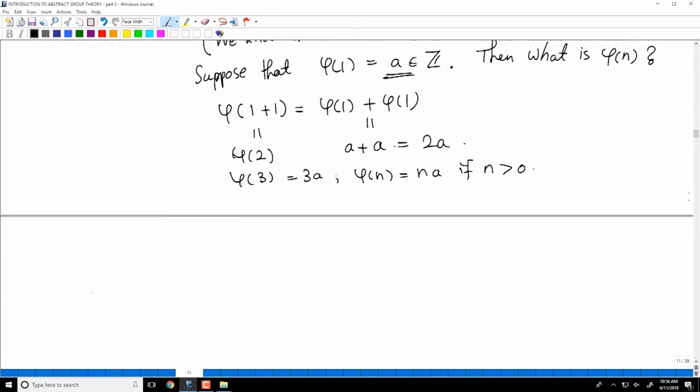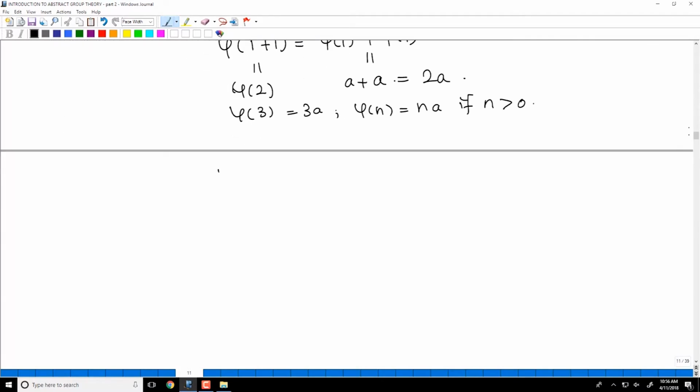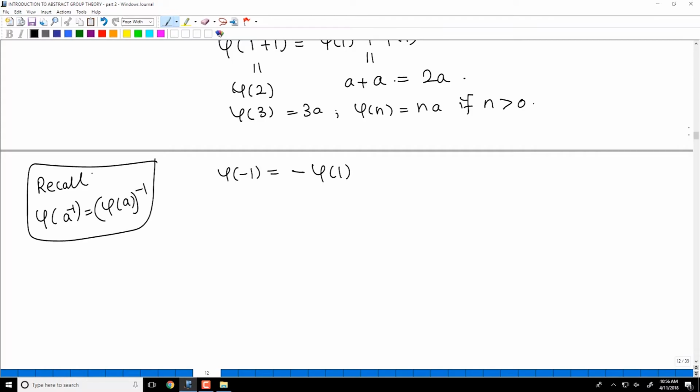Now, what about negative integers? What is phi of minus 1? Again, another property of group homomorphisms that you recall from the previous video: phi of minus 1 must be minus phi of 1. I am writing this in the additive notation here. What we wrote earlier was phi of a inverse is equal to phi of a, inverse, right? That means the symbol is less important here.